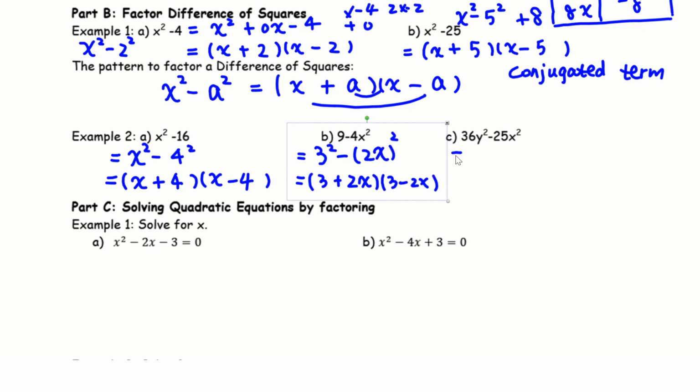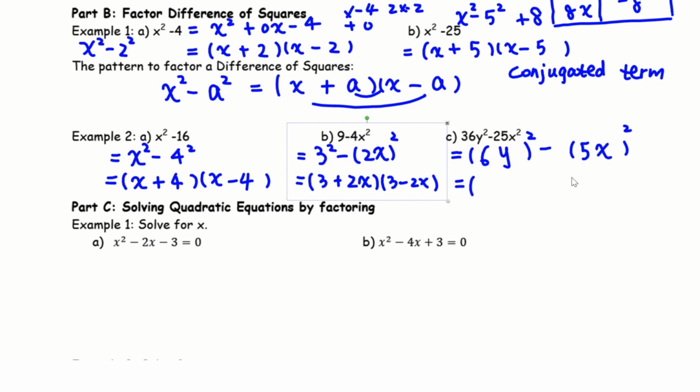And this one is more complicated, but what you need to do is just write something squared. Find the square root of each factor. So the square root of 36 is 6. The square root of y squared is y. The square root of 25 is 5. The square root of x squared is x.